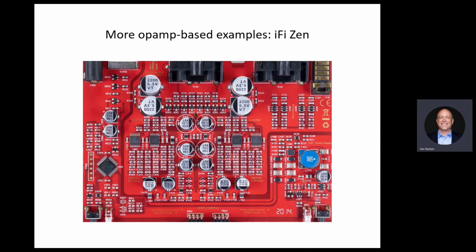Okay, we will listen to the iFi Zen. It's supposed to be an extremely low noise device. And the other thing that is interesting about it is in this area, you'll see a lot of components. This is the RIAA. So instead of using big capacitors, like the very few we saw, you don't need that many, they use many little capacitors in parallel, and they use very specific ones from TDK.